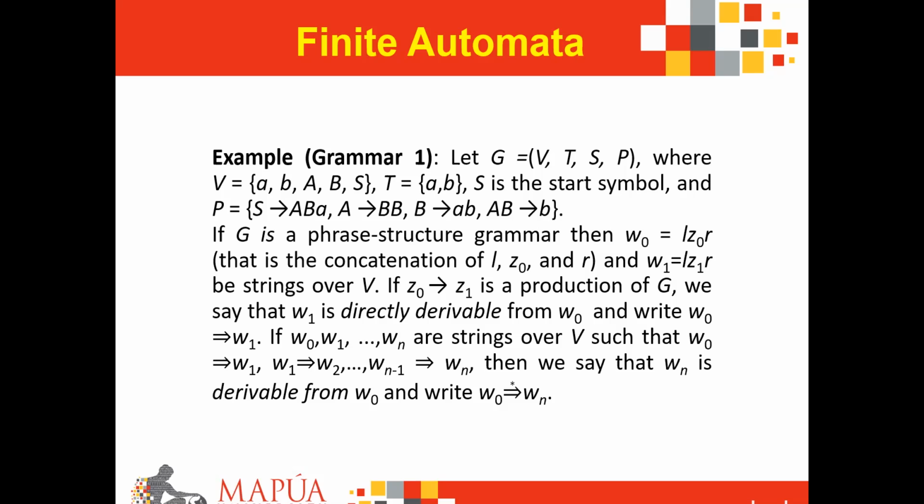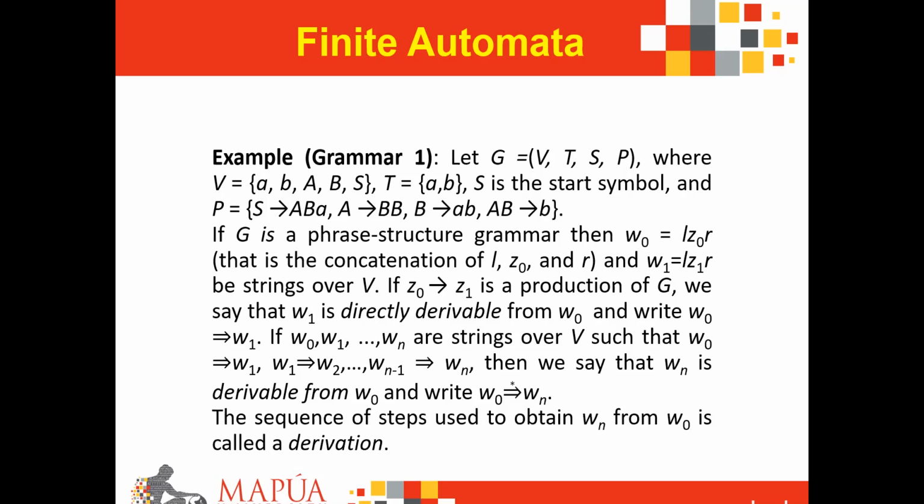So in a given phrase-structured grammar, you eventually apply concatenation on your strings in order to produce different corresponding strings from your given production. The sequence of steps used to obtain your output string from your given start symbol string is then referred to as derivation.